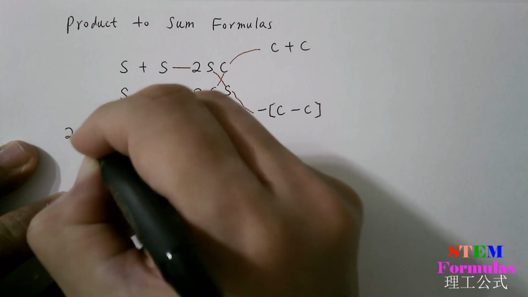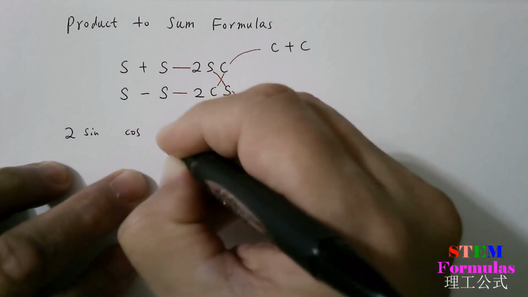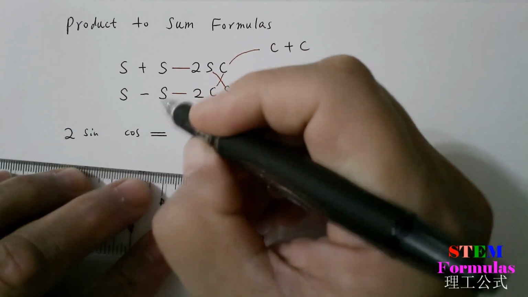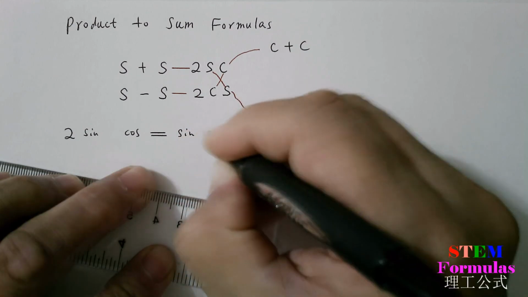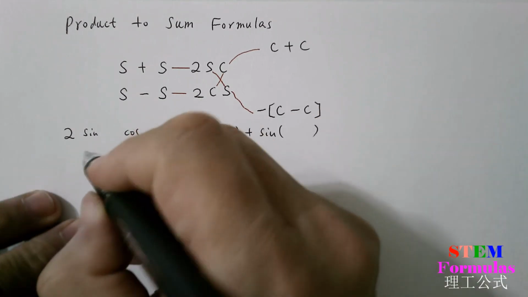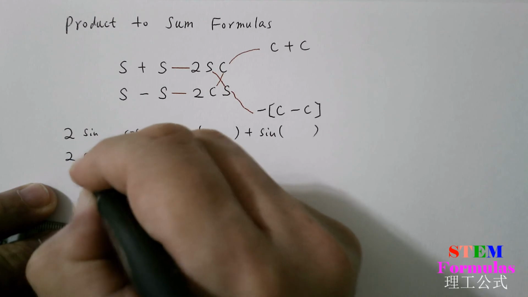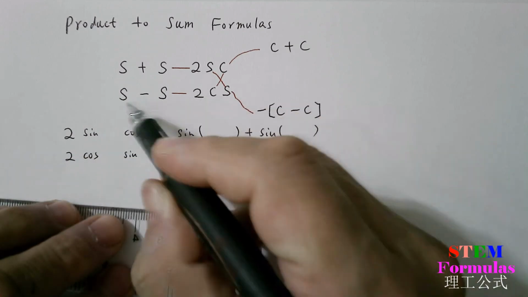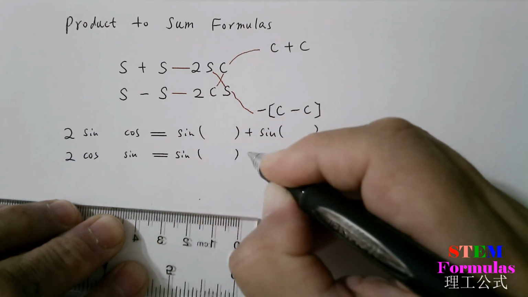Two sine cosine equal sine plus sine. Now 2 cosine sine equal to sine minus sine.